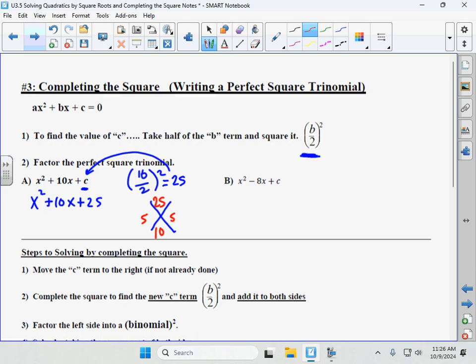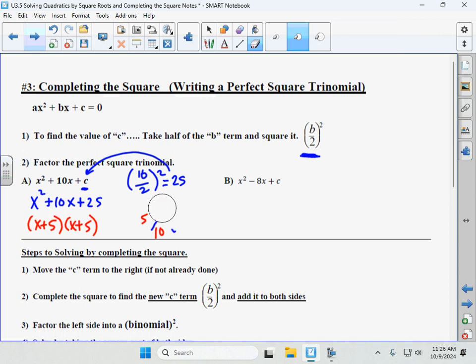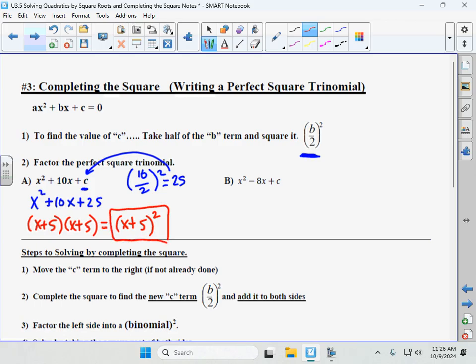That means this factors into (x plus 5)(x plus 5), and we can rewrite that, because it's the same, as (x plus 5) squared. So we want to write it as a binomial squared. This 5 is coming from half of the b term. Half of 10 is 5.